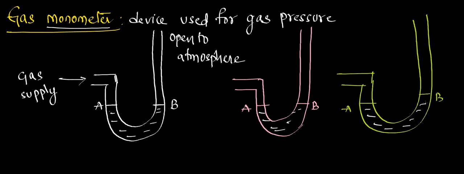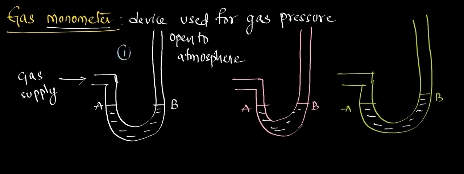The use of this gas manometer is that you can decide whether gas pressure is more than atmospheric pressure, less than atmospheric pressure, or equal to atmospheric pressure. You can justify that. Now suppose you have connected to the gas supply, and the other side is open to the atmosphere.